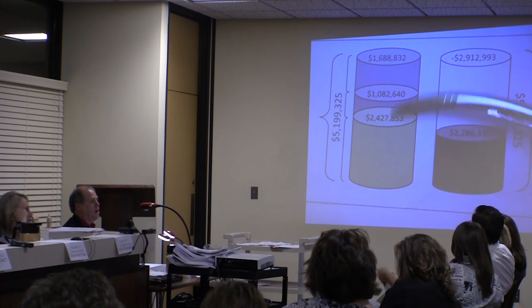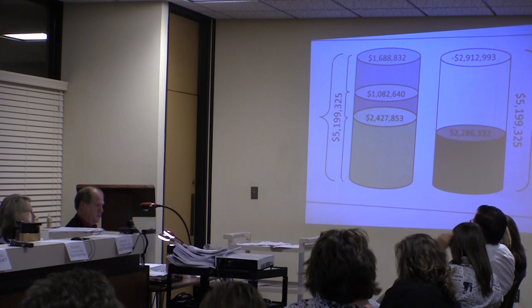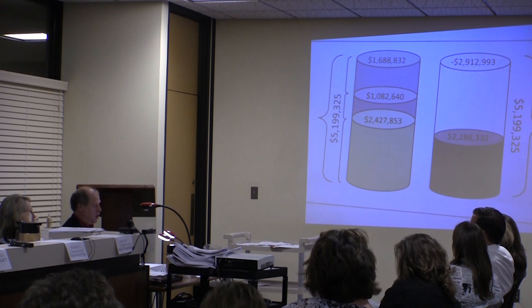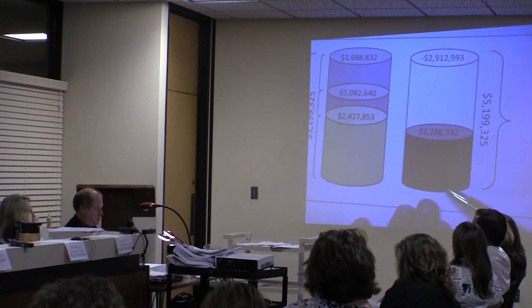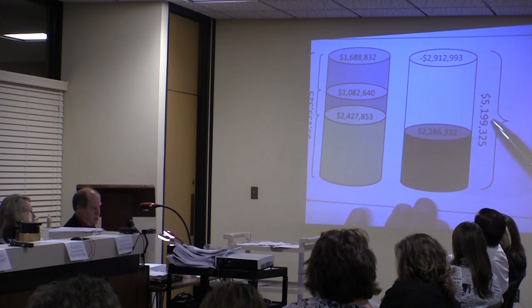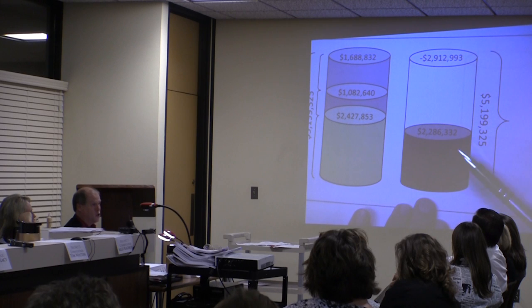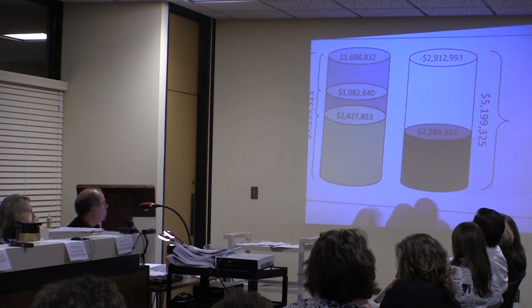This is kind of how the bank account should have looked if you had zero money in the general fund, for sure. Here's how the bank account actually looked at year end. Instead of having $5.1 million in it, it had $2,286,000 in it, that bank account balance that we have been talking about.